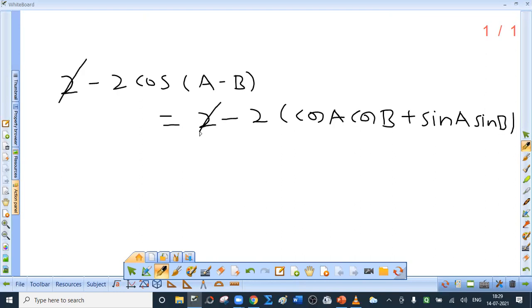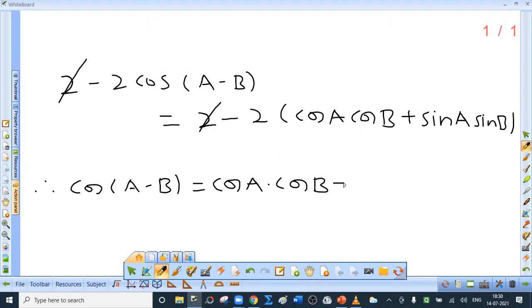First we cancel these two. Then we can cancel minus 2 also to get cos of A minus B as, don't write, just listen to me, cos A cos B plus sin A sin B. This is the logic.